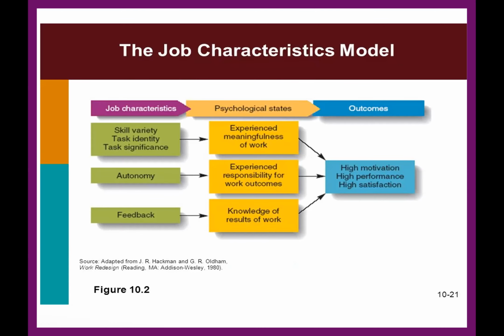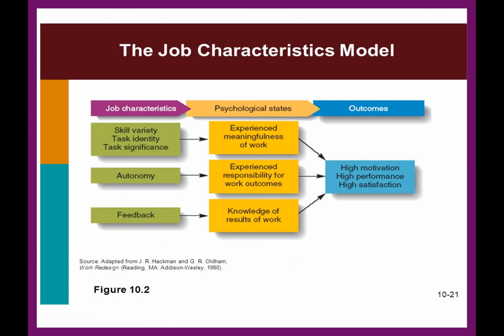The job characteristic model posits that if the job itself consists of the 5 major job elements, the job characteristics, then we are increasing the positive psychological states so as to increase the overall positive outcome. So the model says that the 5 elements include skill variety, which means to what extent the job itself requires different types of skills to work on.